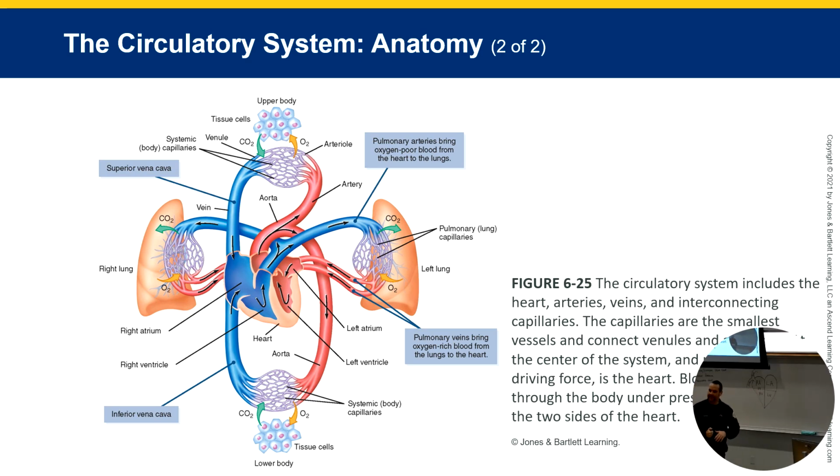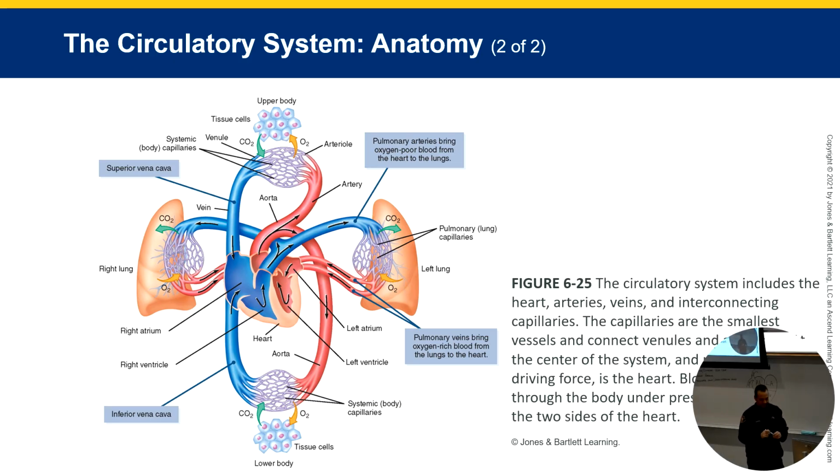Now, it has a grouping name as well that you might see more commonly. It all just depends. This is what we call an atrioventricular valve. Atrioventricular valve, tricuspid valve, okay?